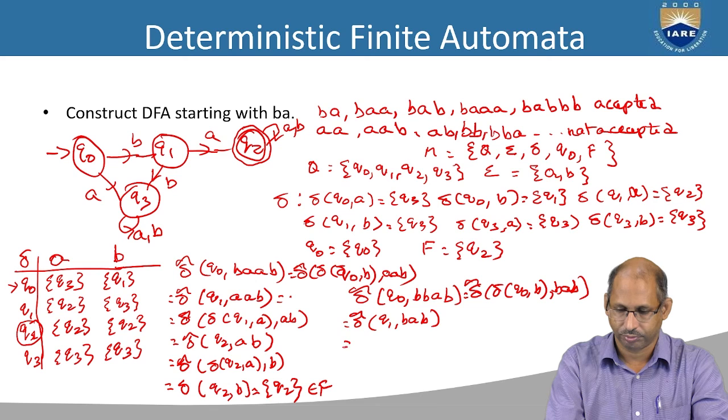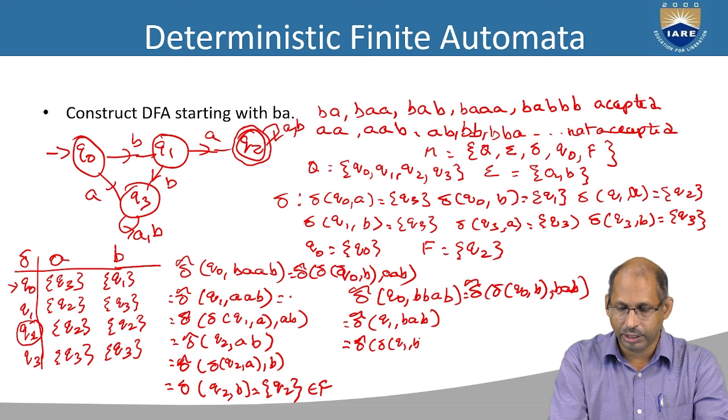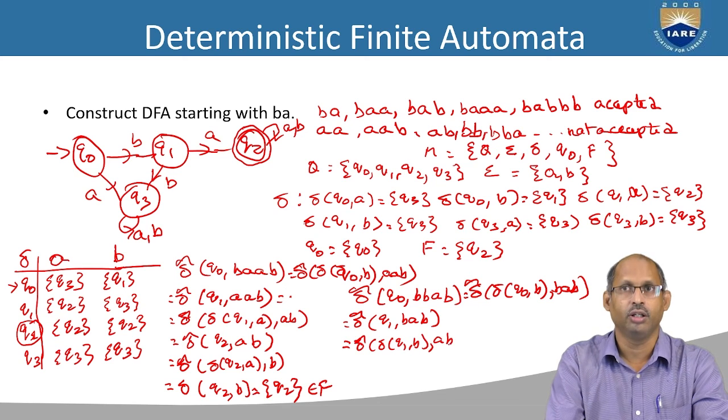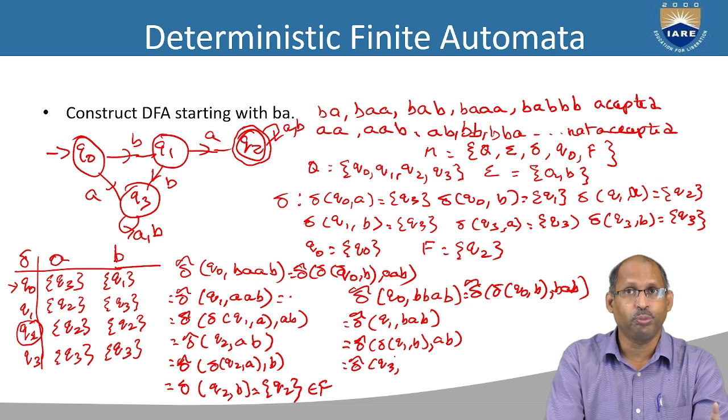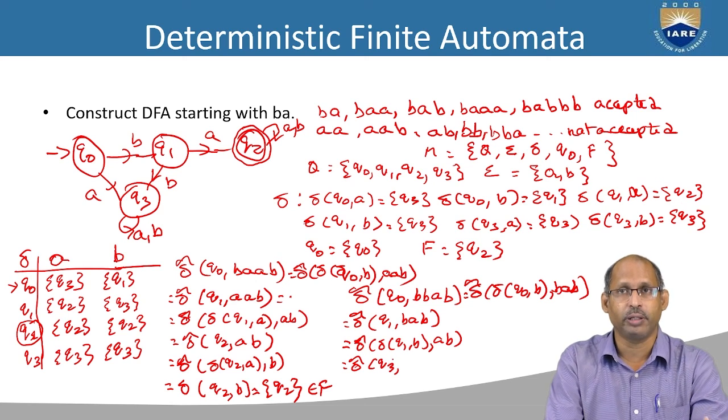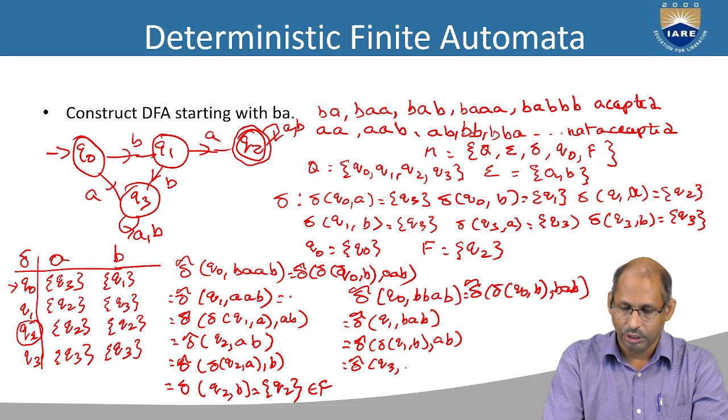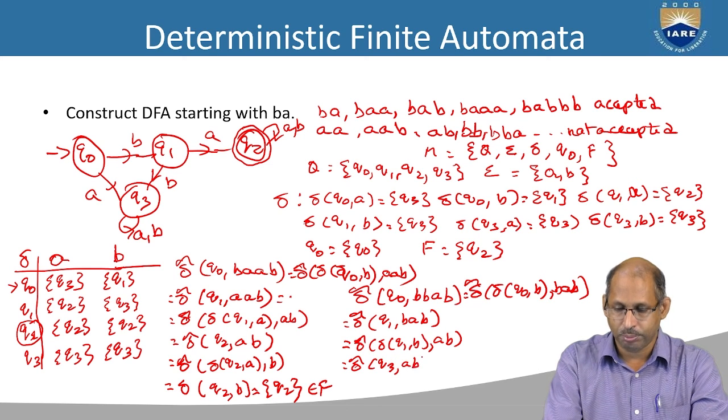BAB. Then Q1 on B followed by AB. What is Q1 on B? It goes to the Q3 state. So the output of the transition Q1 on B is Q3. Q3 input symbols are AB.